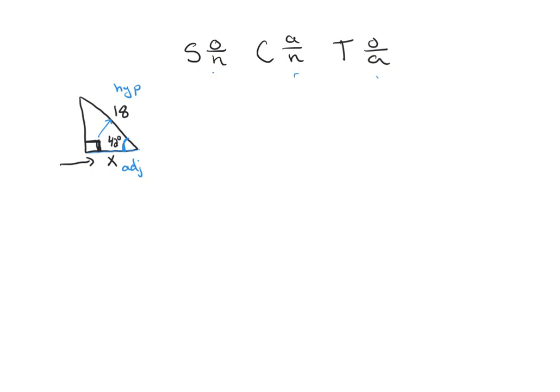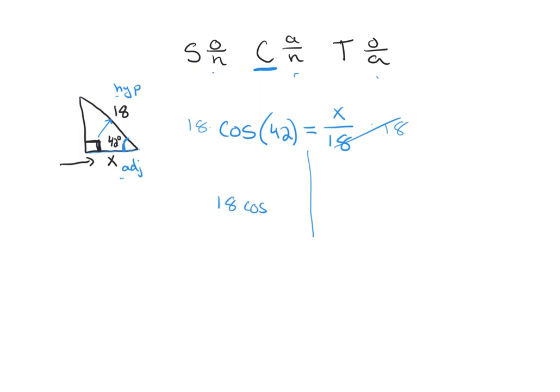Which trig function will we use? Adjacent over hypotenuse is cosine. So cosine of the angle measure, 42 degrees, is equal to x over 18. Now solve for x: multiply both sides by 18. So 18 cosine of 42 equals x.